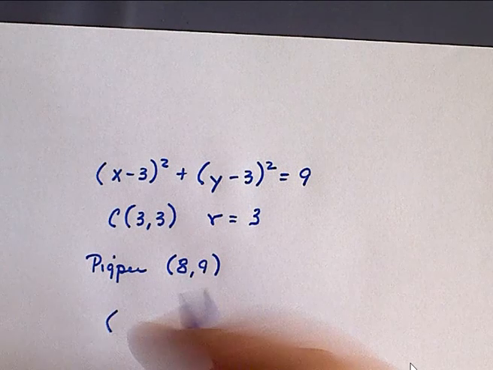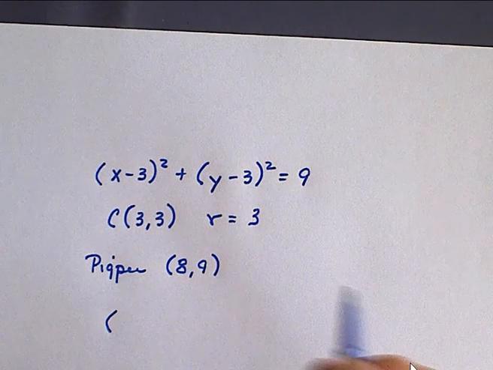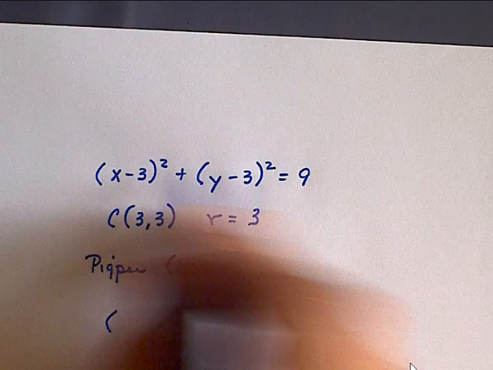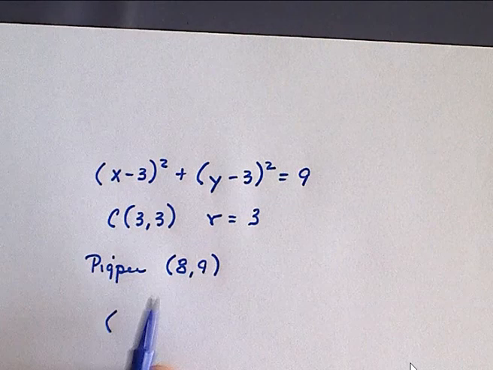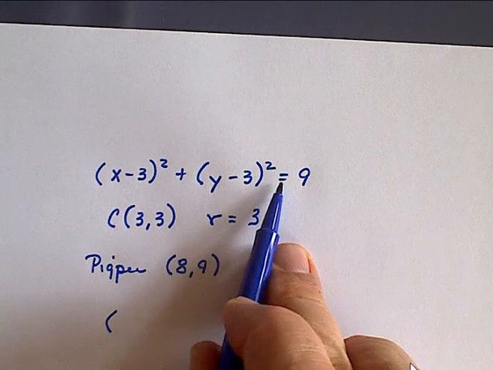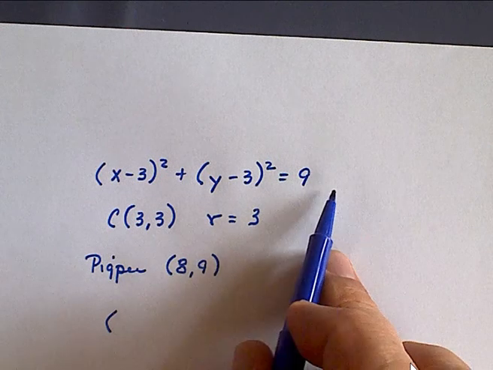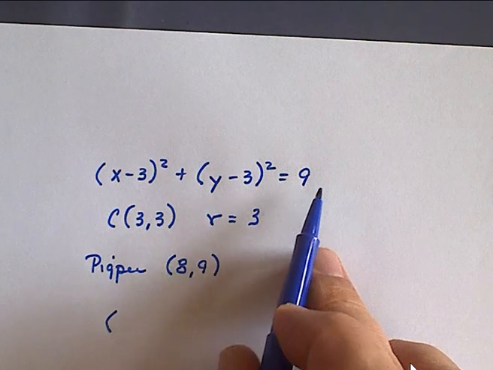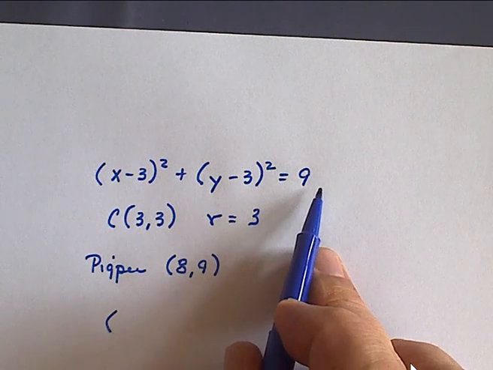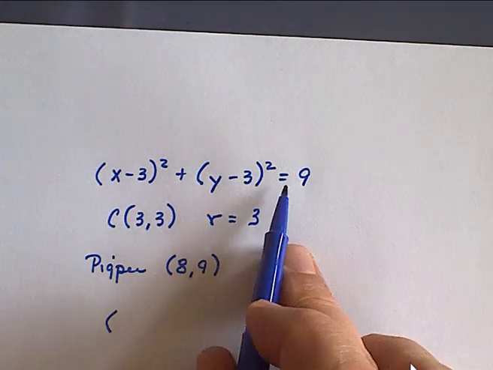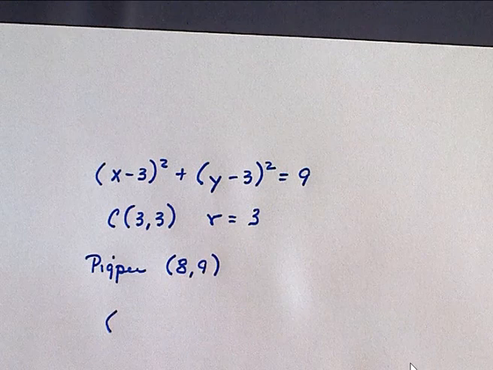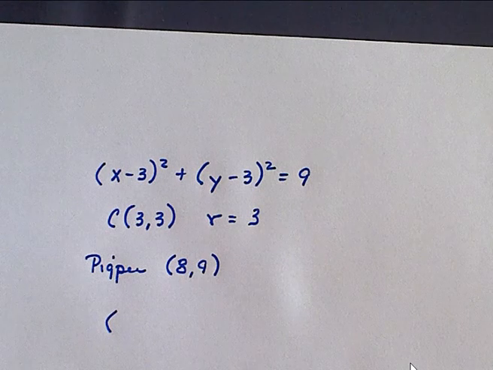We got cheer class going on in the other room here. So I'm going to take those and plug them into the formula. Here's what's going to happen. If you plug in and you get a number greater than 9, then that means it's outside of the meteorite area. If it's less than 9, then it's inside. If it's equal to 9, then it's right at the edge on that border.